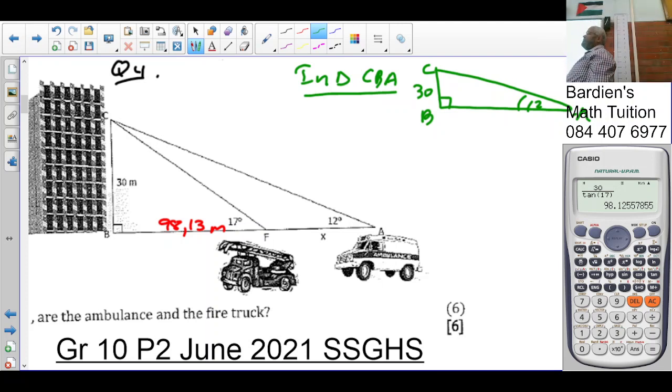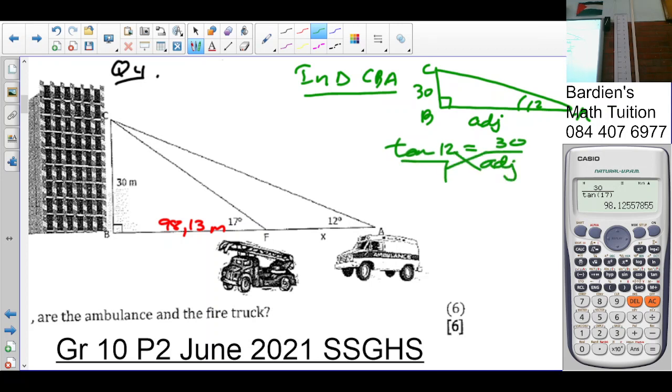So, in pursuit of calculating AB, what is AB to this angle? Your adjacent side. Which trigonometric function is opposite and adjacent? Tan. So tan 12 is equal to 30 over your adjacent. It's over 1, we cross multiply. Your adjacent is actually BA.